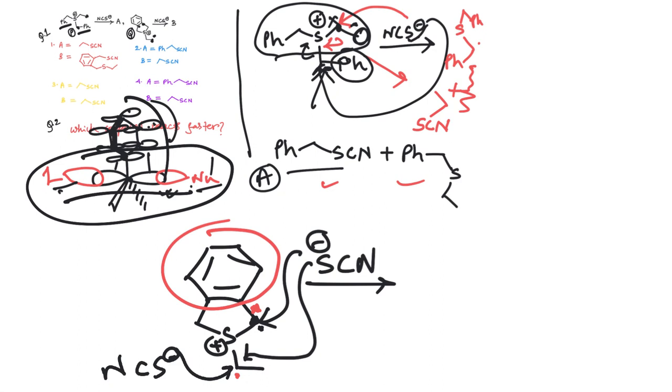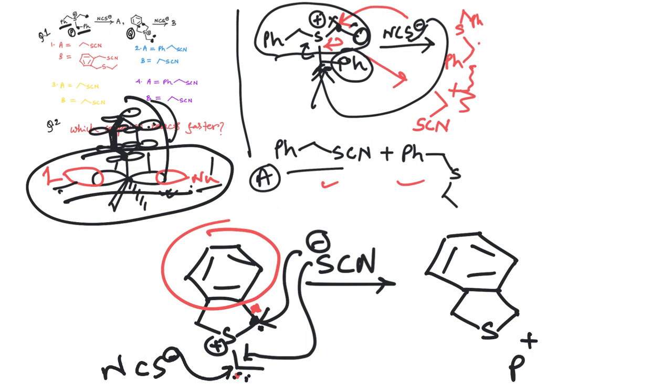This transition state is quite free, and that's why most of the nucleophile will attack on this position. So here you will get a different product. Here you will get this plus PhSCN. So this is your product B.